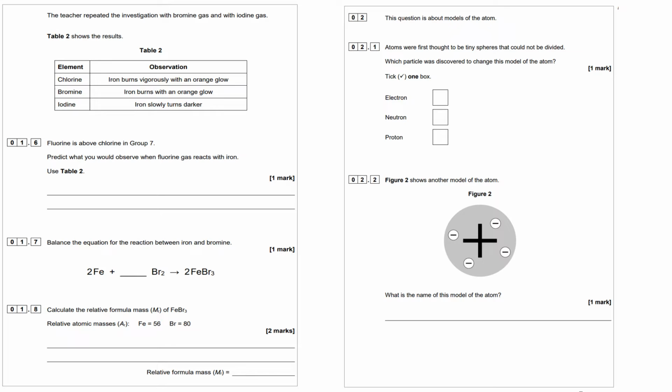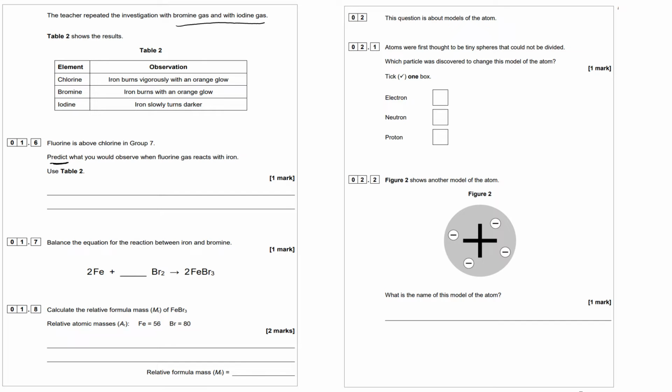The teacher repeated the investigation with bromine gas and iodine gas this time. 1.6. Fluorine is above chlorine in group 7. Predict what will be observed when fluorine gas reacts with iron. Now, if you look at the observation for chlorine, iron burns vigorously with an orange glow.